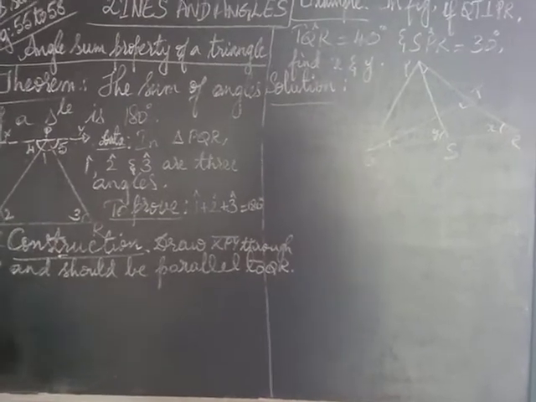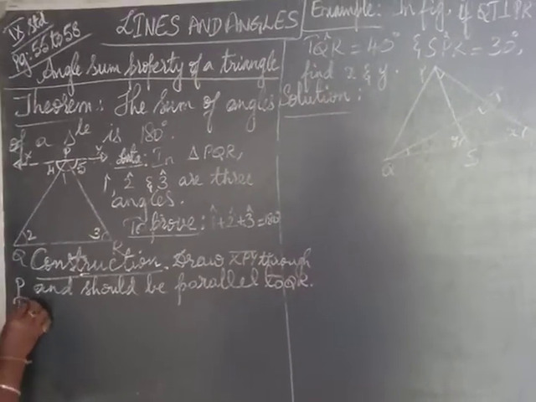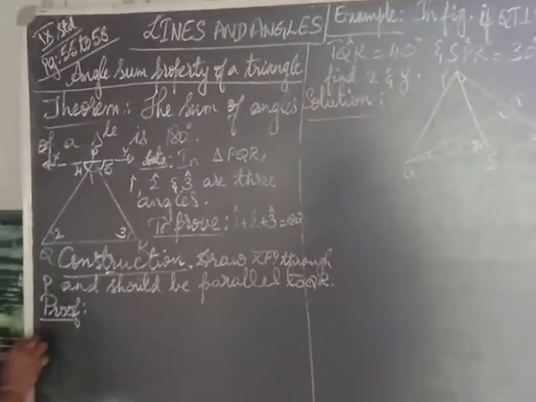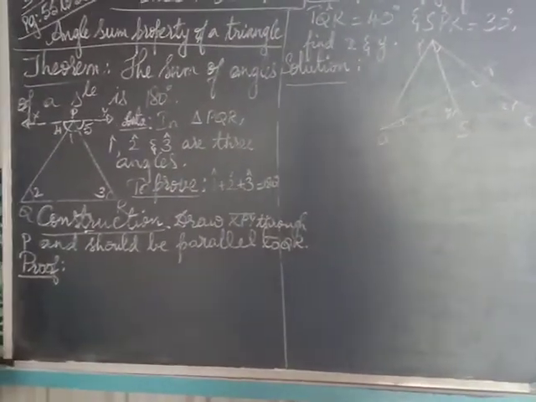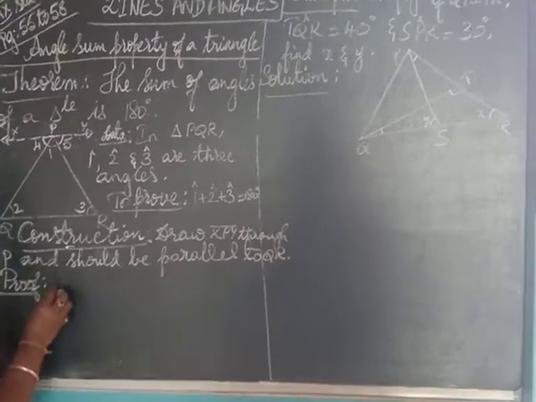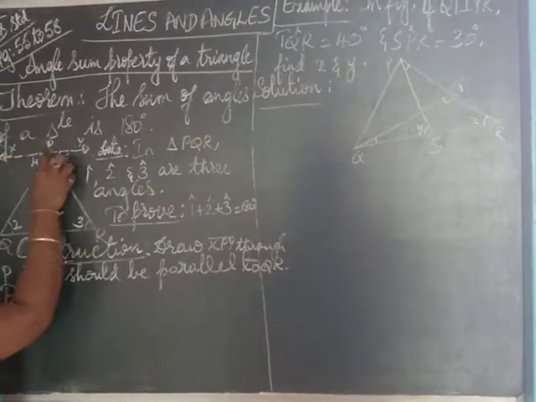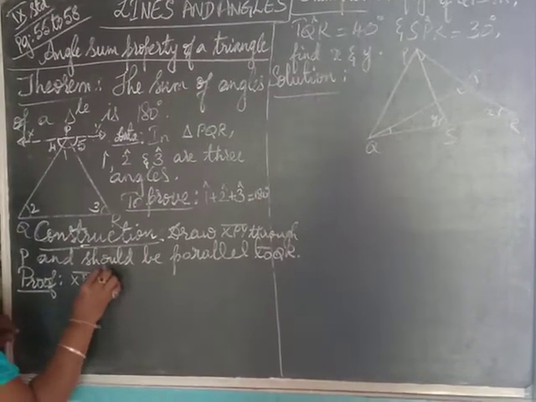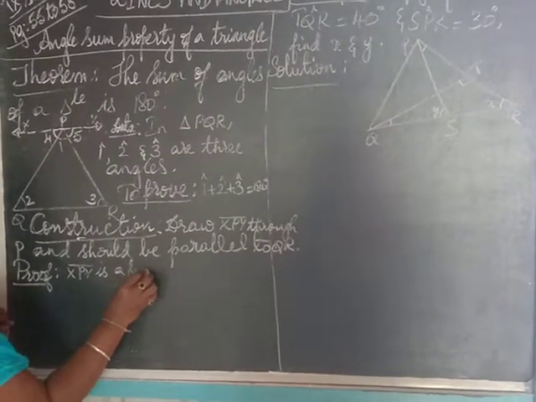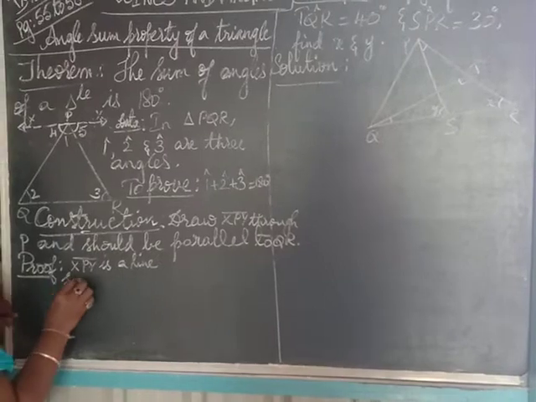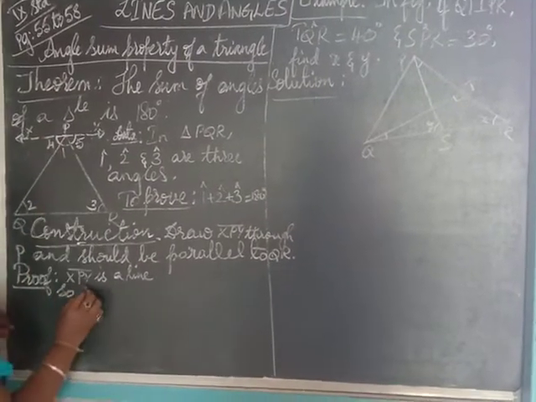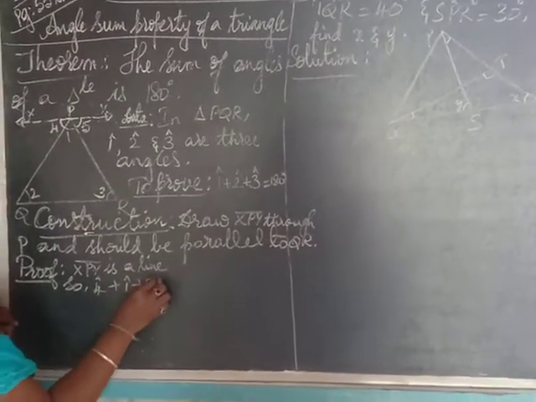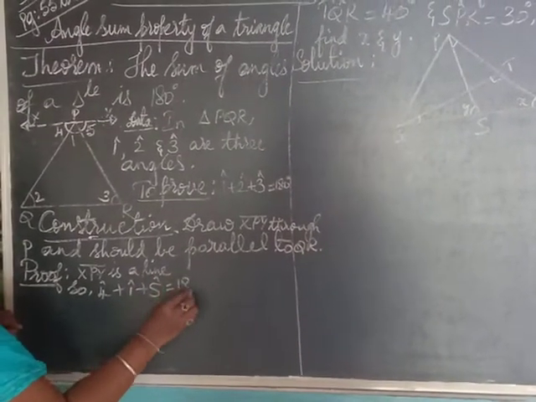Now let us take the proof. XPY is a line, correct? XPY is a line. So we can write angle 4 plus angle 1 plus angle 5 is equal to how much? 180 degrees.